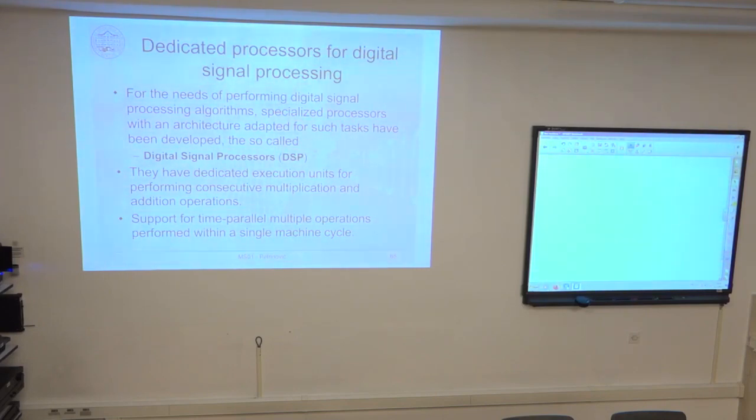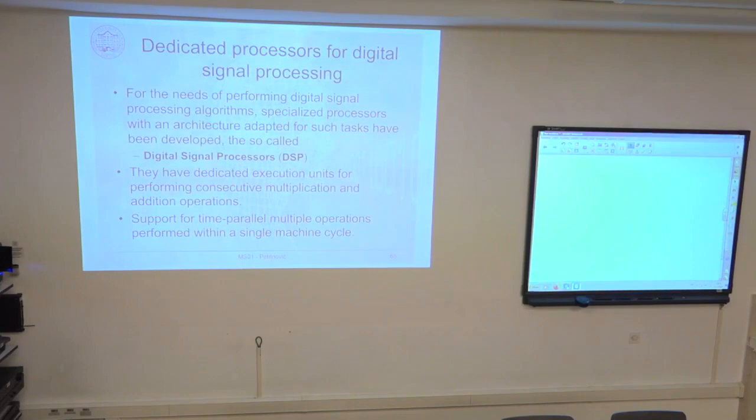Okay, then going further, as they realized that this field is very important and that a really nice thing can be implemented digitally, they have also designed special processors that had a tailored architecture to be able to do this kind of processing more efficiently.